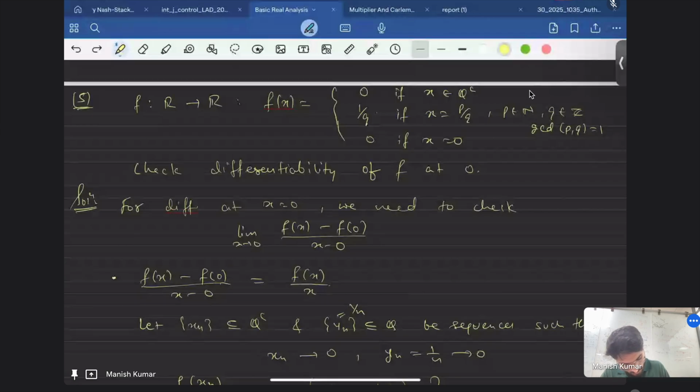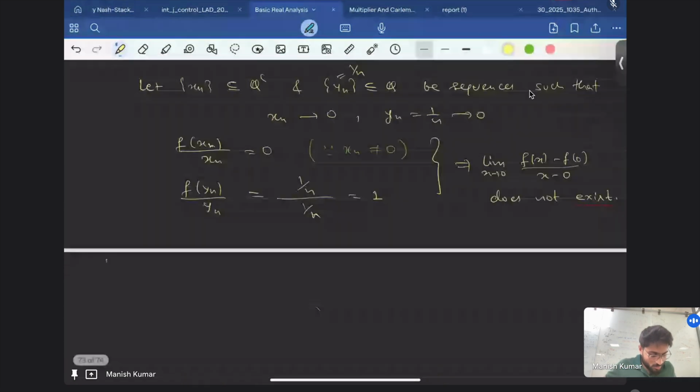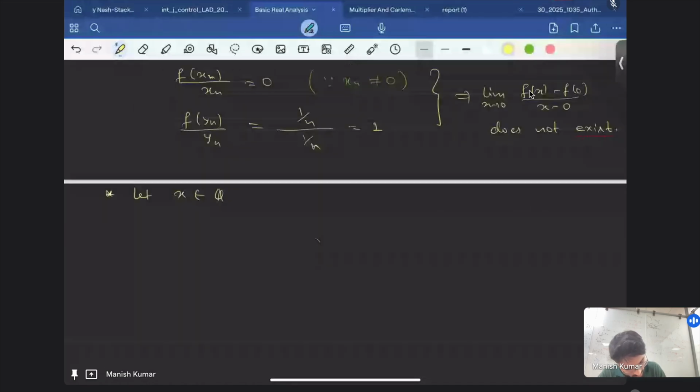Now let's choose x belonging to Q. So I need the limit as x goes to x naught of f of x minus f of x naught upon x minus x naught.